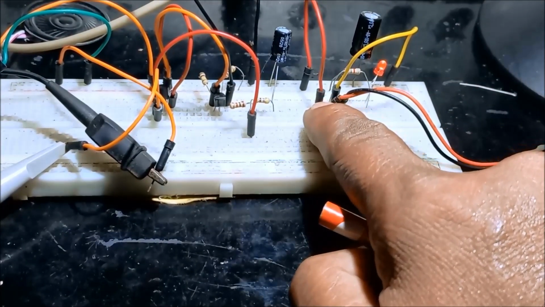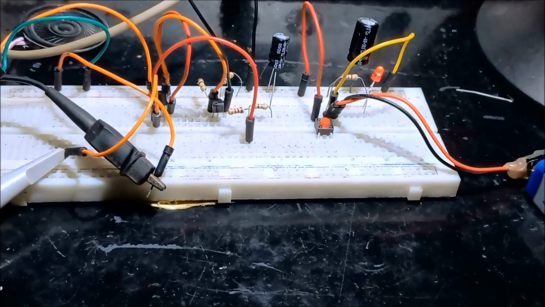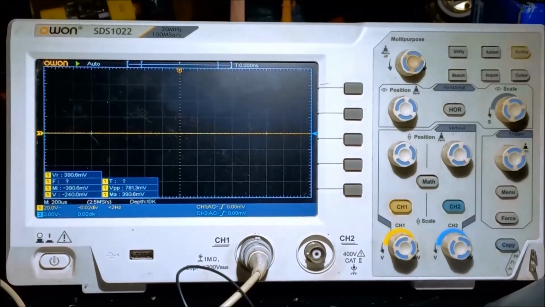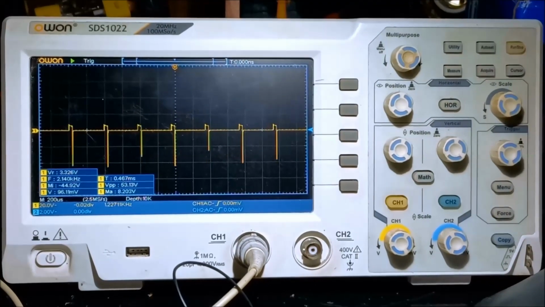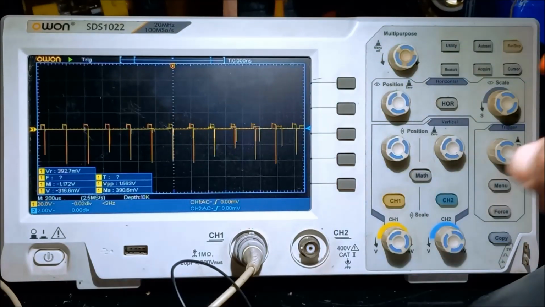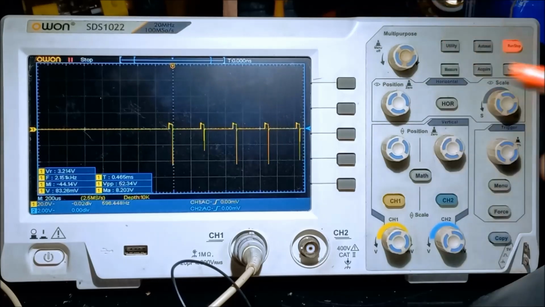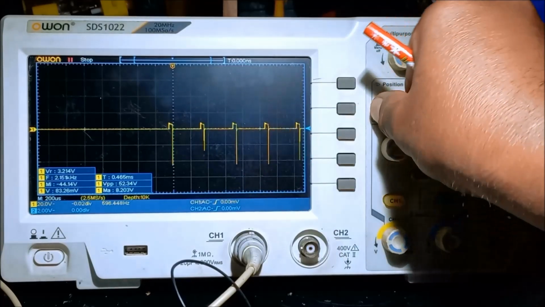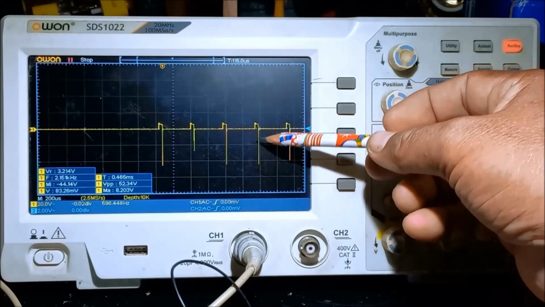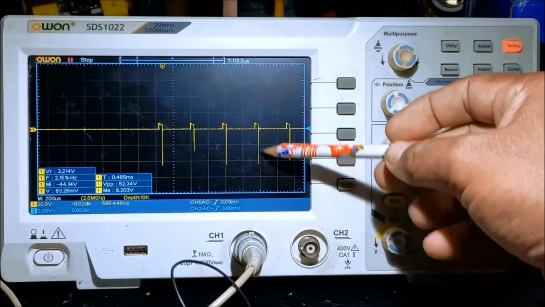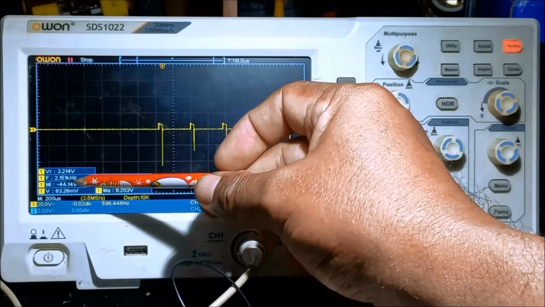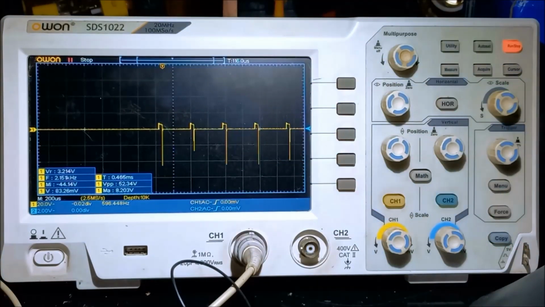So when we press it, we can hear this high frequency, 2.15 kilohertz.